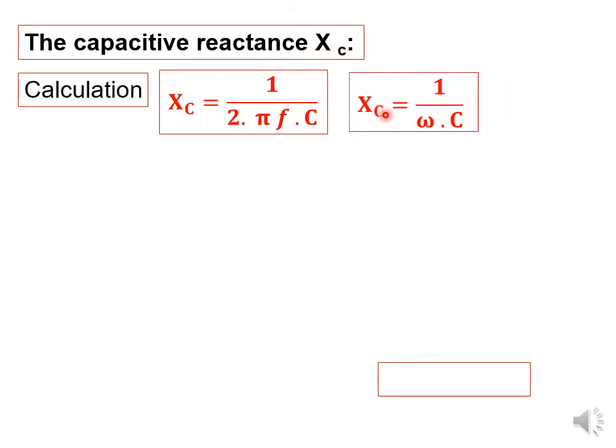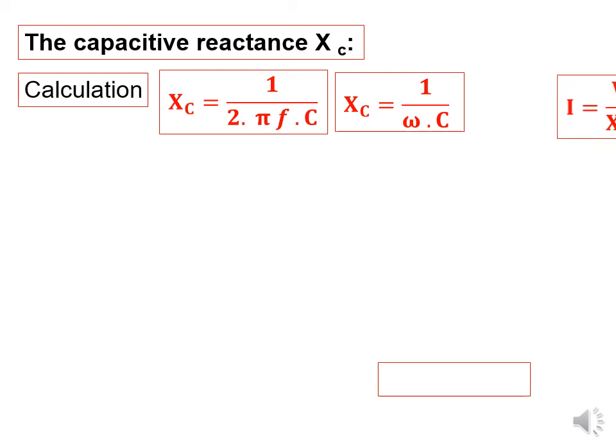So capacitive reactance Xc equals 1/omega C, where omega equals 2 pi times frequency, which is the angular velocity of the variation of the alternating current, and C is the capacity of the capacitor in farad. The effective current equals V, the potential difference between the plates of the capacitor, divided by the opposition, which is the capacitive reactance Xc in ohms, of course.